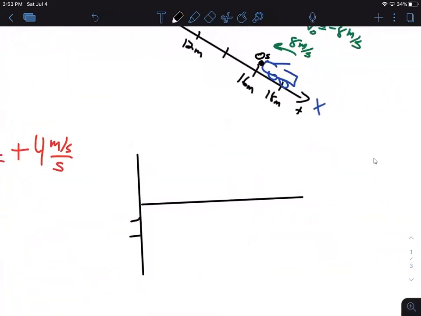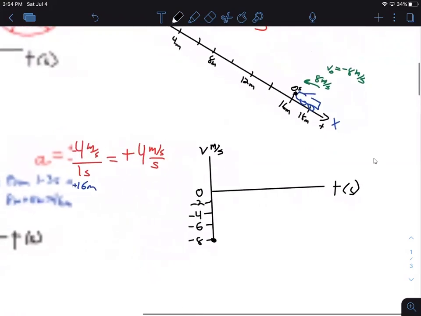So let's go 2, 4, 6, 8. This is time, this is velocity, meters per second, time in seconds. -2, -4, -6, -8. So initially, we know it's going at 8 meters per second in the negative direction. What else do we know?